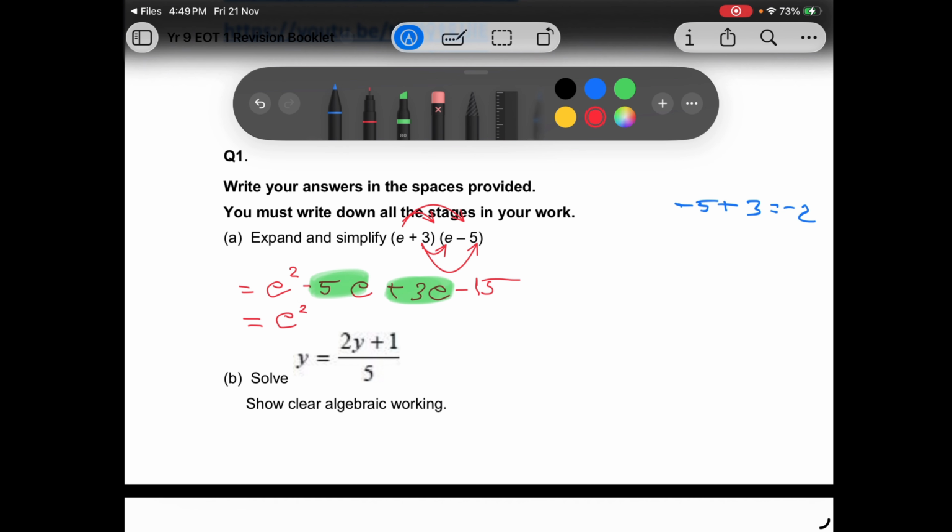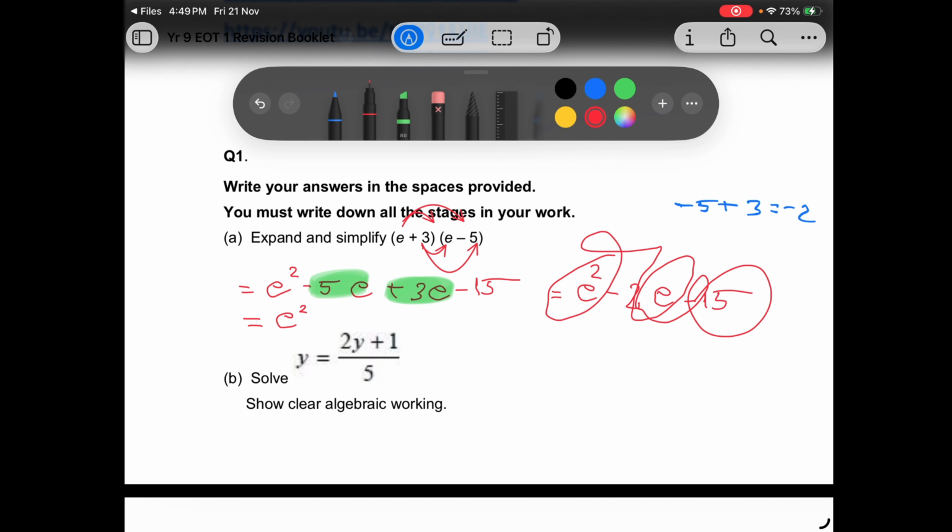So my response will be here like this: e squared minus 2e, then lastly minus 15. So this is the answer in simplest form and in standard form. And standard form means the highest power, which is 2, then the power here is 1, then the constant part, which is the number. Okay.